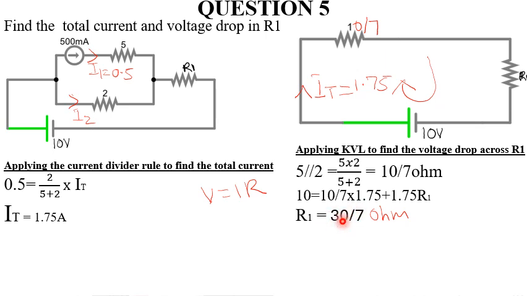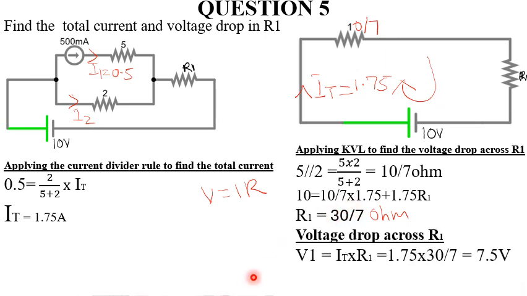Since we now know the value of the resistance, we just put it into our formula. IT times R1 equals 1.75 times 30 over 7, which equals 7.5 volts. So we can say the voltage drop, let's call it V1, across resistor 1 is 7.5 volts.